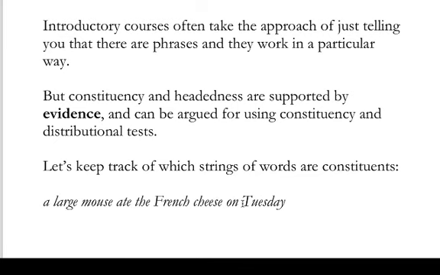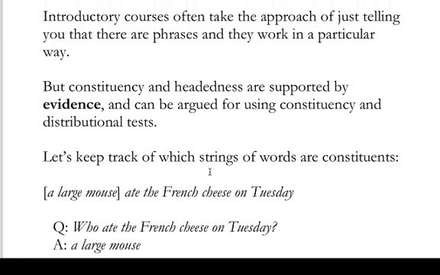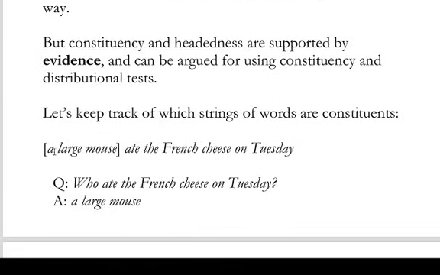And we're going to keep track of which ones satisfy the constituency tests, which ones are grammatical in the constituency tests, like a large mouse was our example, and which ones are not grammatical, like cheese on is not grammatical. How are we going to keep track of this? We're going to put matched brackets around the elements that do pattern as constituents.